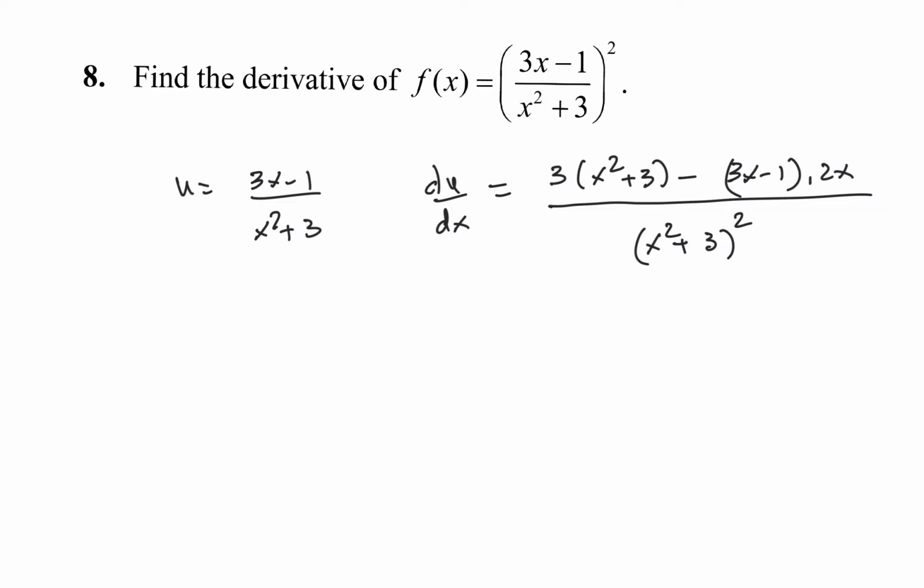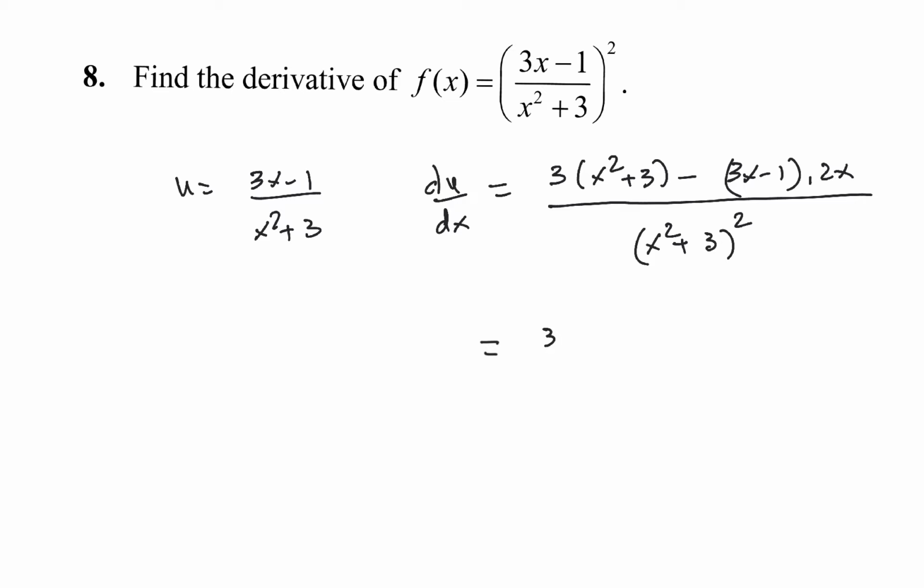The quotient rule says that the derivative of a fraction is the derivative of the numerator, which is 3, multiplied by the denominator, minus the derivative of the denominator, 2x, multiplied by the numerator, 3x minus 1, divided by the denominator squared. So I can do a little bit of algebra here.